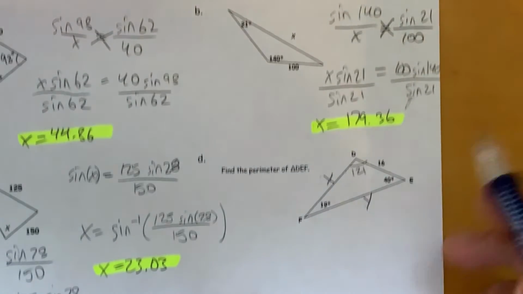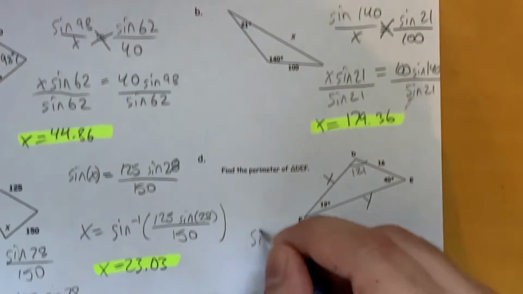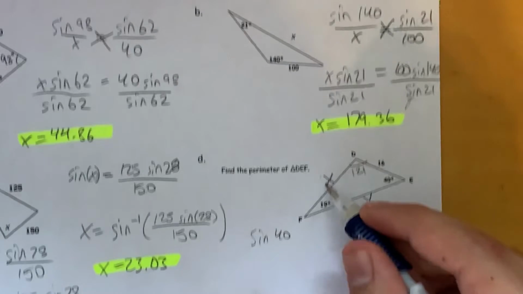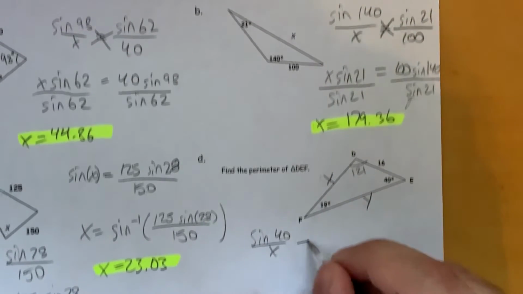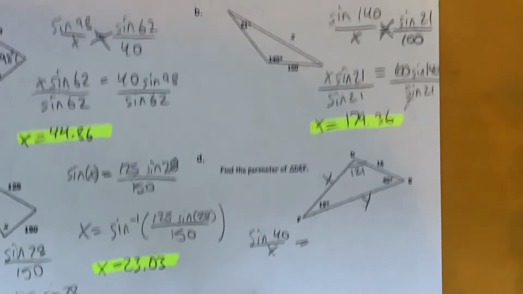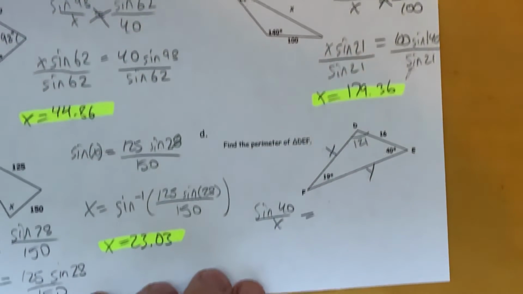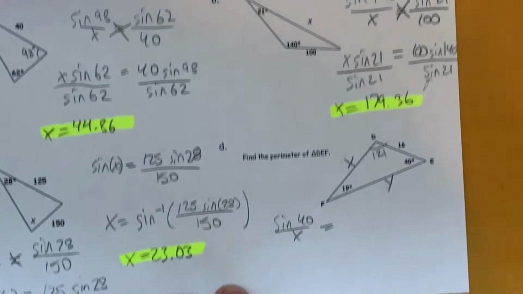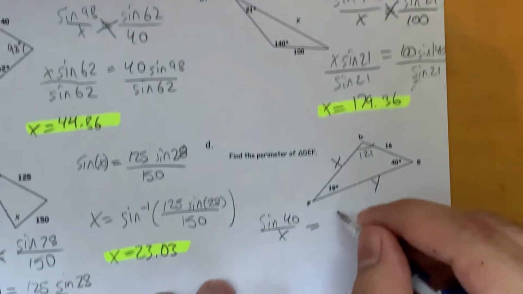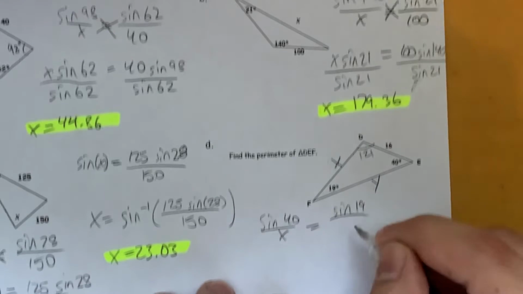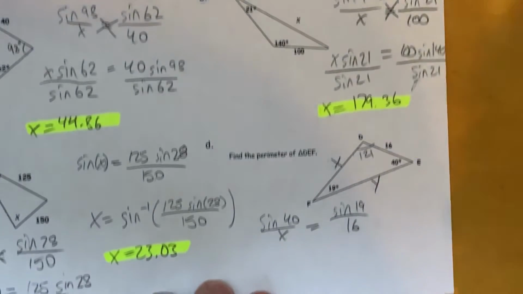So I'm going to take sine of 40, and then whatever's projected outwards over x equals, now I need a ratio that has both the top and bottom, no more variables, because I can't solve for an equation with more than one variable. So I'm gonna do sine of 19 divided by 16, and then I'm gonna cross multiply.